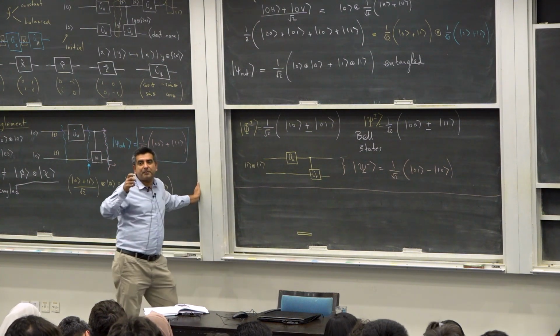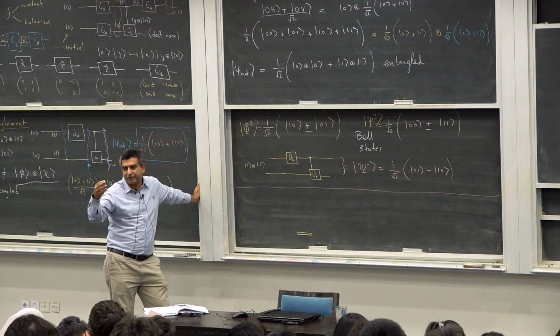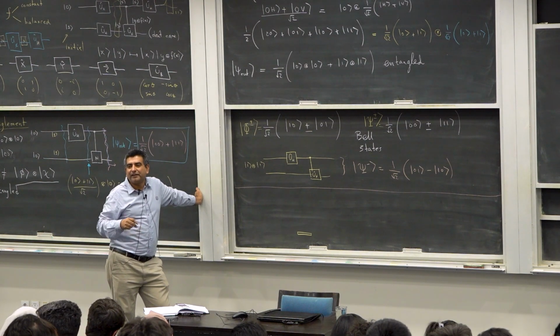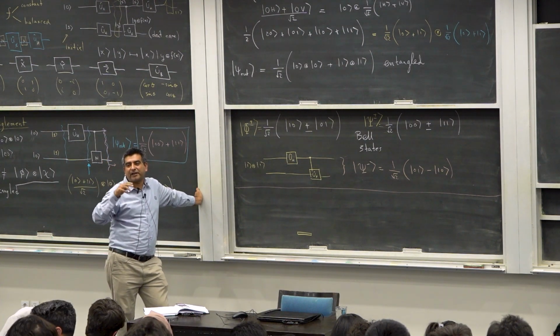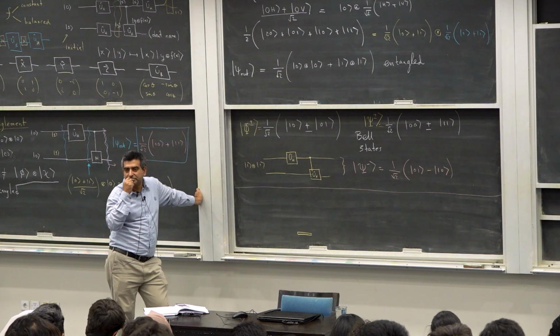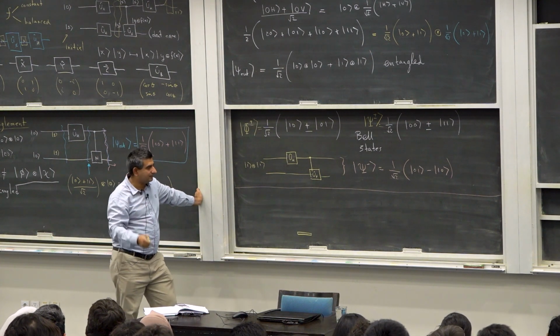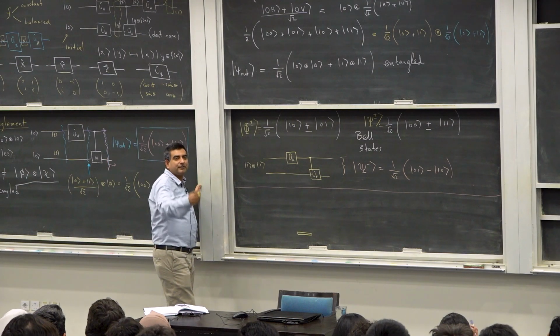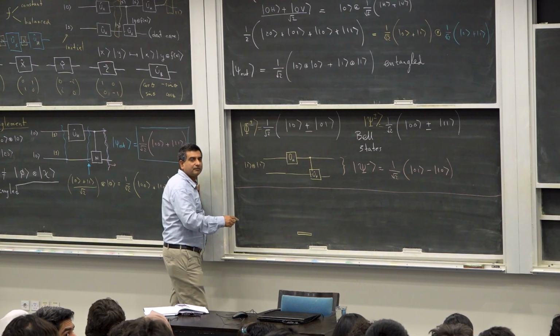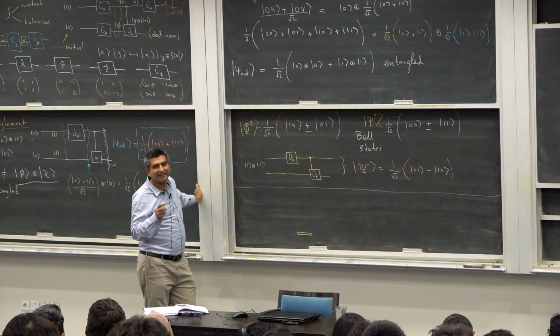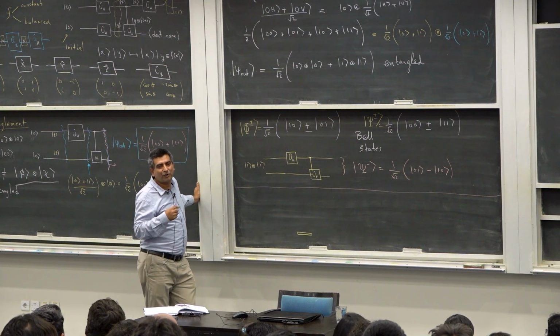There was a question about higher number of qubits. Who asked that question? Yes. Can you give me an example of a 3 qubit entangled state? Pretty easy. Horizontal, vertical, diagonal. Diagonal is a combination of horizontal and vertical.